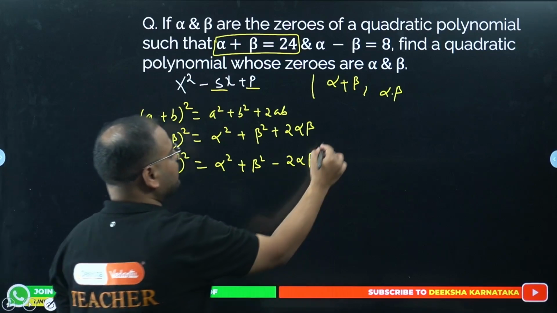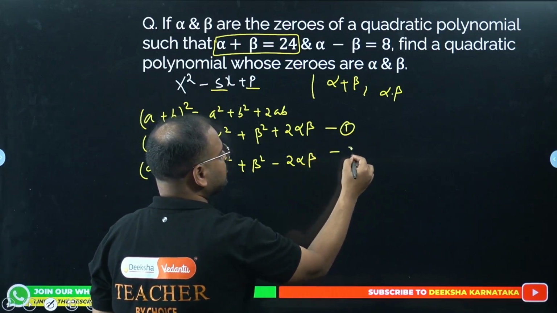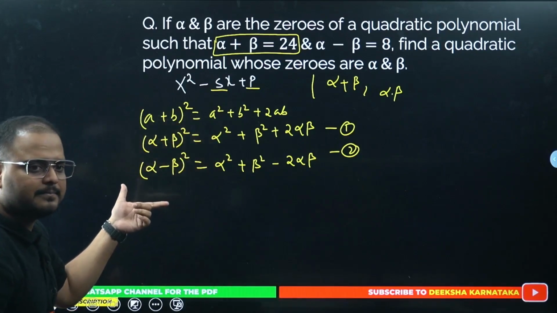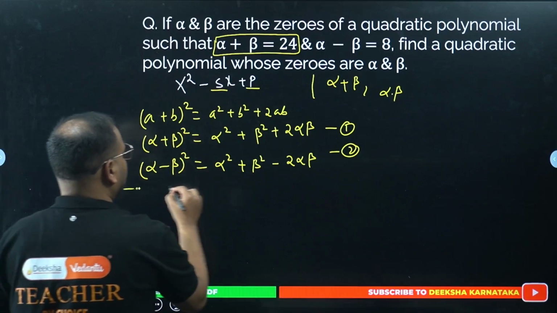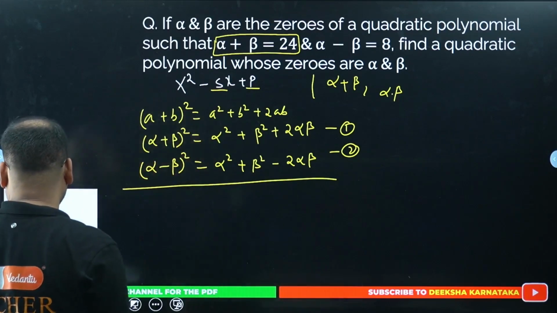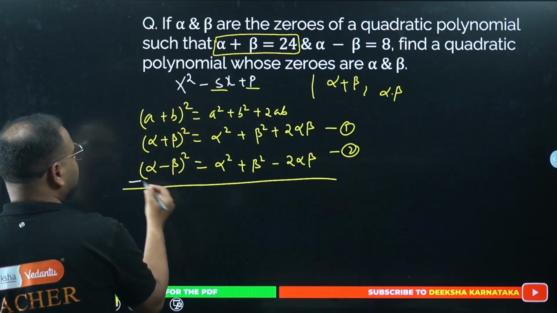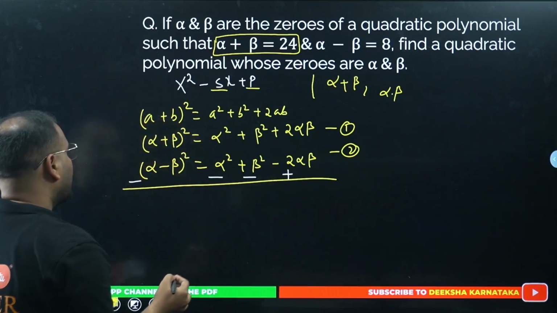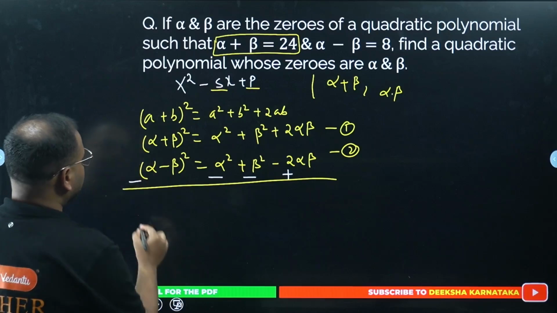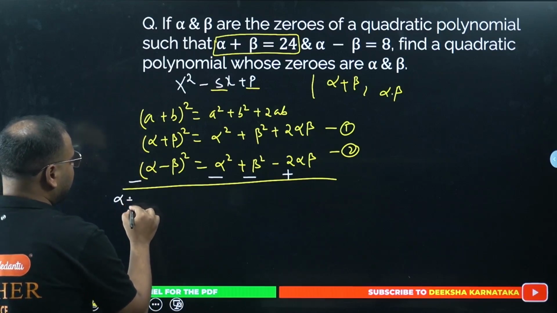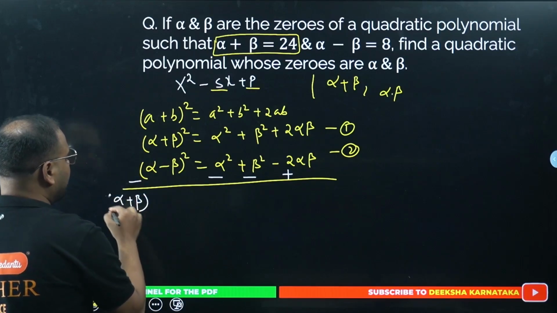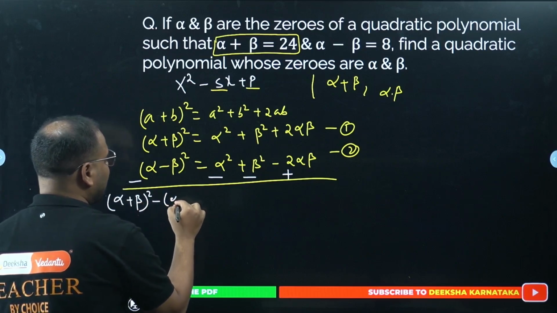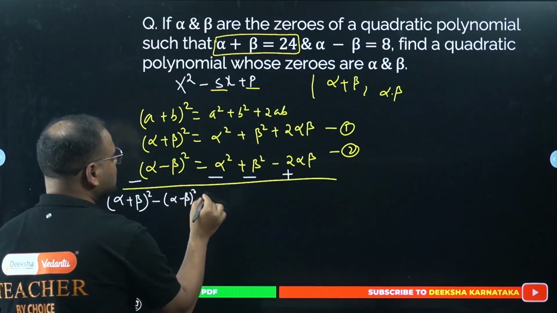If this is my equation 1, and this is my equation 2, can I subtract it? I can subtract it. Minus sign here, sign change, minus sign here, plus sign here. This side is going to be (alpha plus beta) whole square minus (alpha minus beta) whole square.